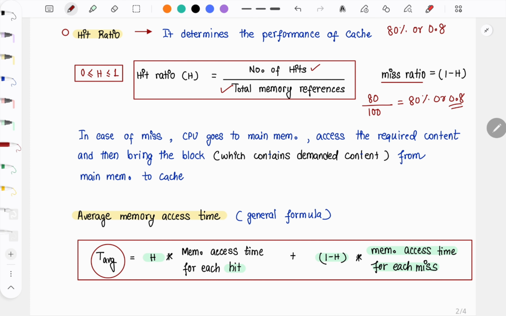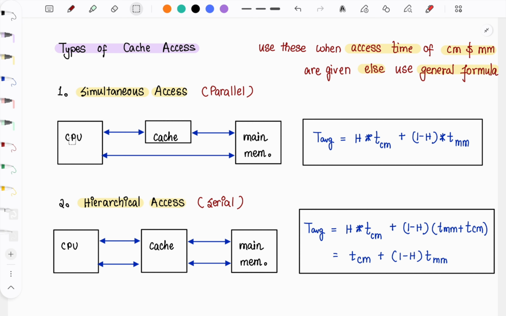Now we have seen a general formula, but there are a few special cases where there are two different types of cache access techniques, which are simultaneous access and hierarchical access. In simultaneous access, the CPU, instead of looking in the cache only, goes to the cache and also goes to the main memory, and they fetch the data or make the reference in a simultaneous manner.